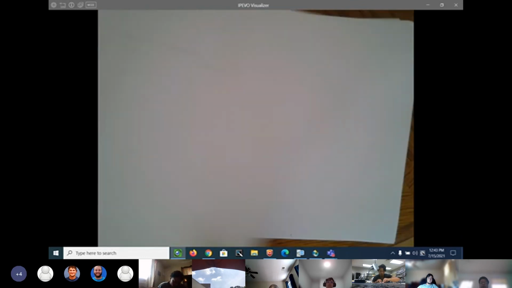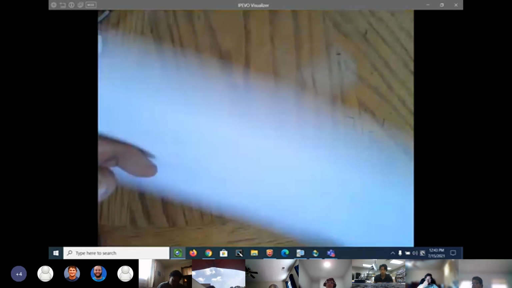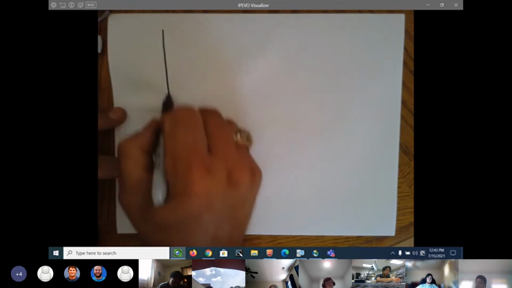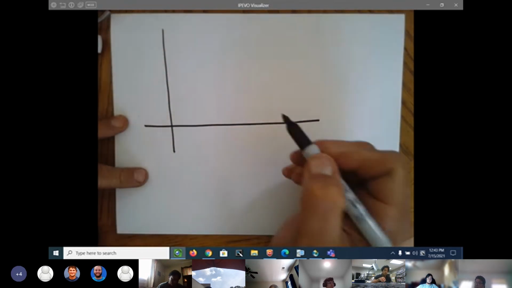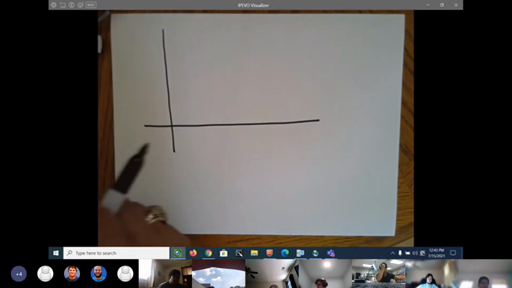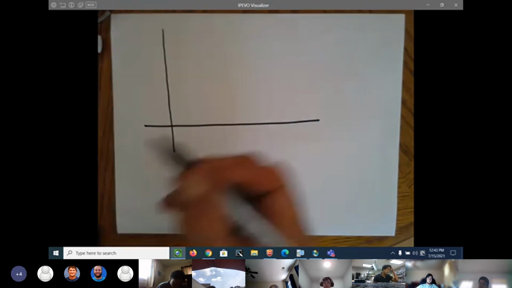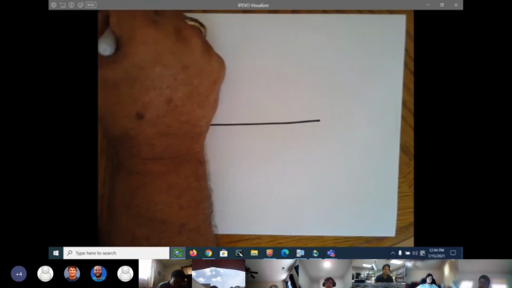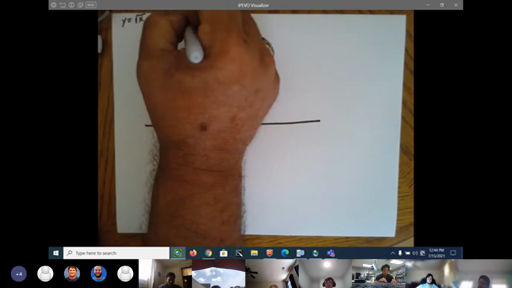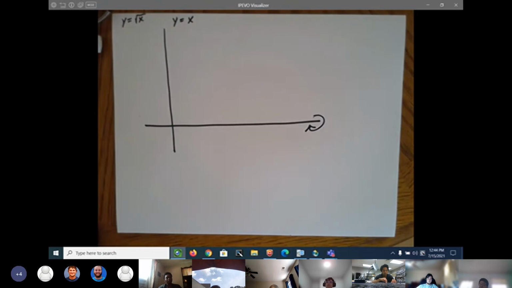So I'm going to go to the next page. And I'm going to put the, let's see, y is equal to the square root of x, and y is equal to x, and we're going around the x-axis.